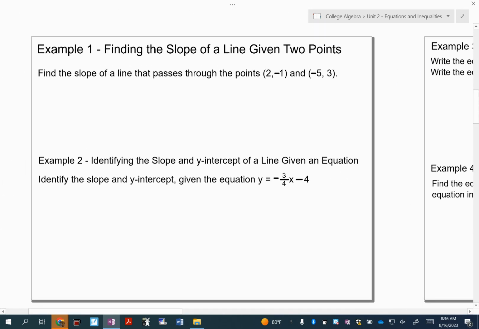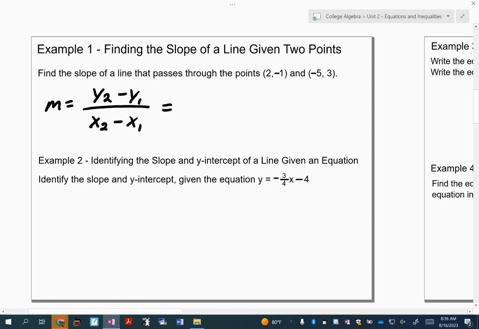Example 1 says, find the slope of a line that passes through the points (2, negative 1) and (negative 5, 3). So I'm going to write down the slope formula, which is the change in y, y subscript 2 minus y subscript 1, over the change in x, or x subscript 2 minus x subscript 1. It's your choice on how you want to choose it.